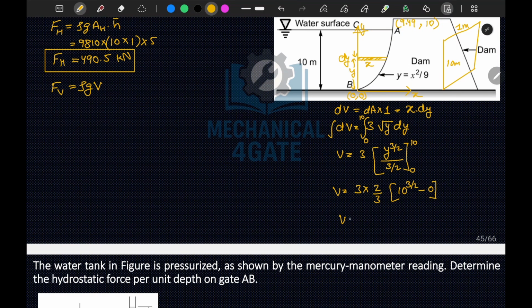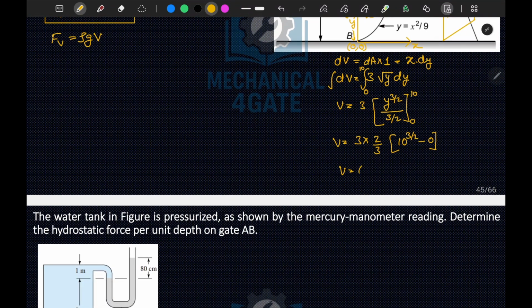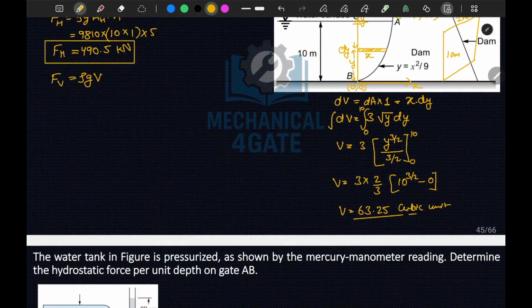Now 10 to the power 1.5 is root 1000, around 31.62, into 2 is equal to 63.24 cubic units. Okay, it is mentioned in meter, so let's write it in meter cube.